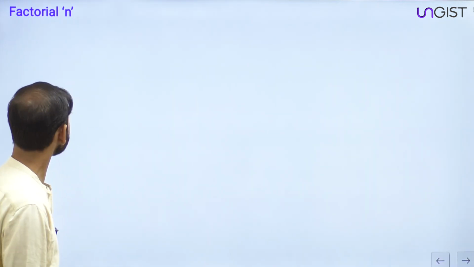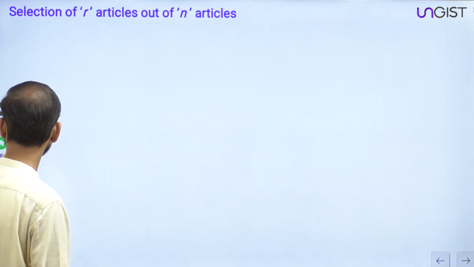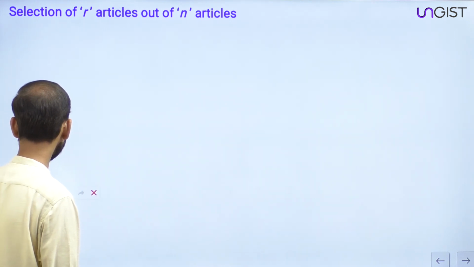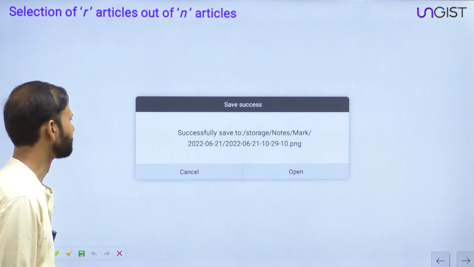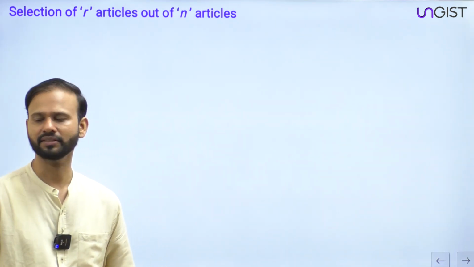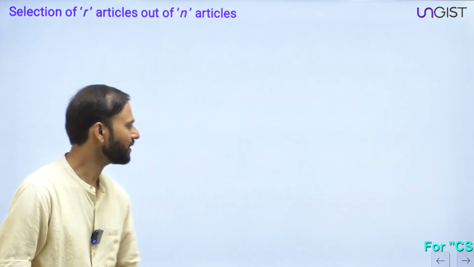Now this is factorial n. After that, selection of r articles out of n articles.